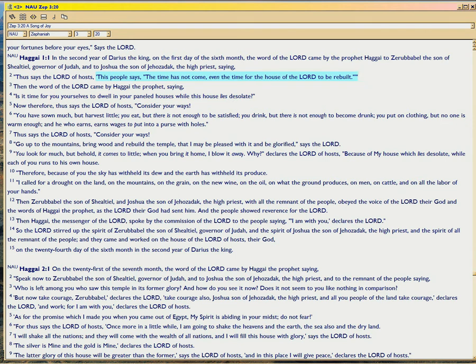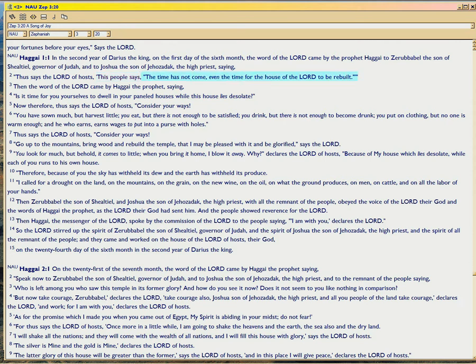This people says. In other words, they've been back in the land now. This is 521 or 522 BC. They've been there since 537 BC, since they laid the foundation. And 1 year plus that, 538. Well, 16 years have passed.